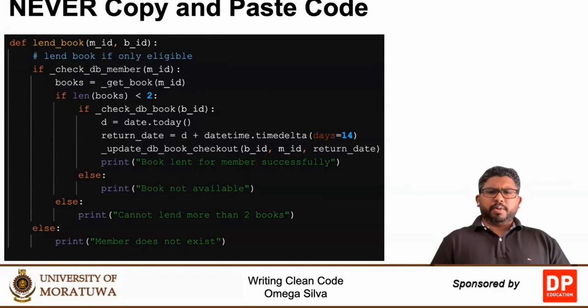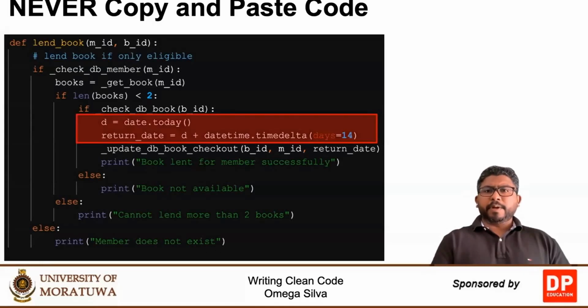When you're writing code, you will encounter plenty of scenarios where you find that some of the already written pieces of code can be reused in other places. For example, look at the return date calculation function. It's quite possible that within the library management system, the return date calculation is used in multiple places.